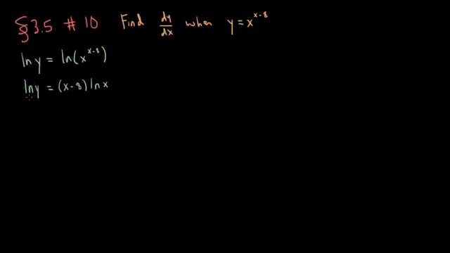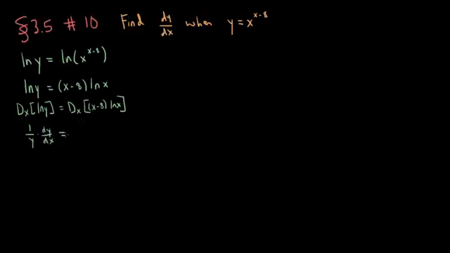So let's just go ahead and say the derivative of natural log y equals the derivative of x minus 8 times the natural log of x. Now what's the derivative of natural log y? Well, that's just 1 over y. But since we're taking the derivative with respect to x, we have to multiply by dy dx.